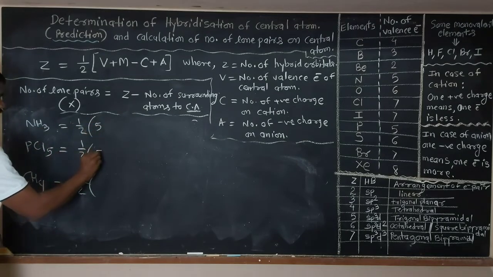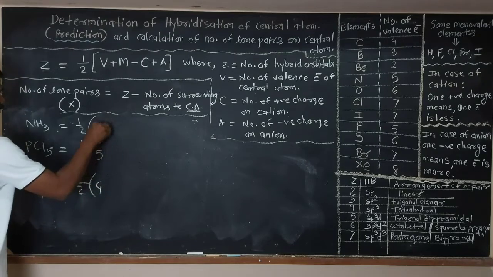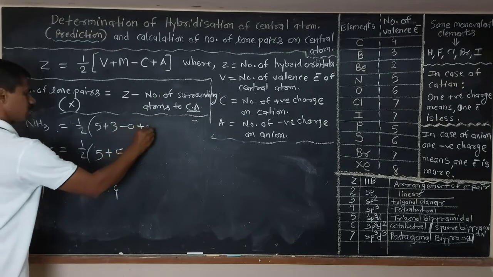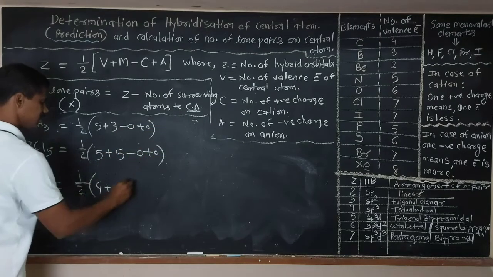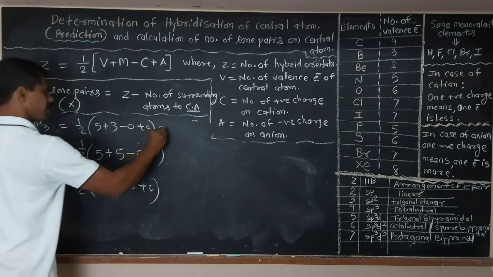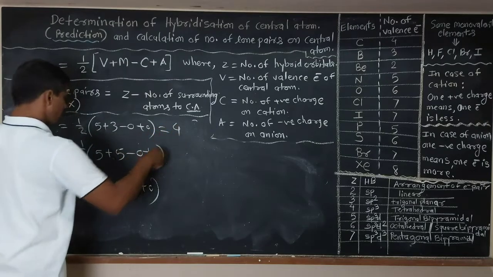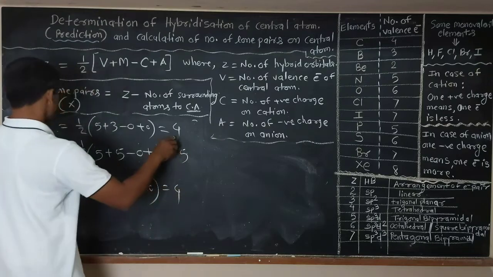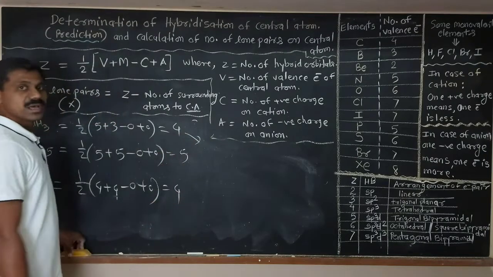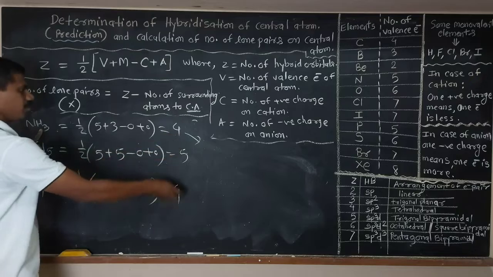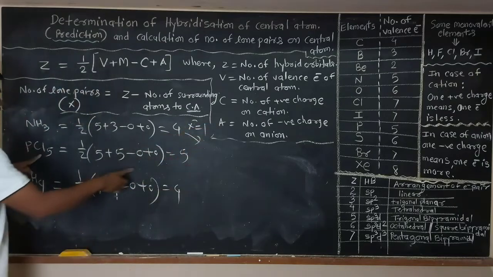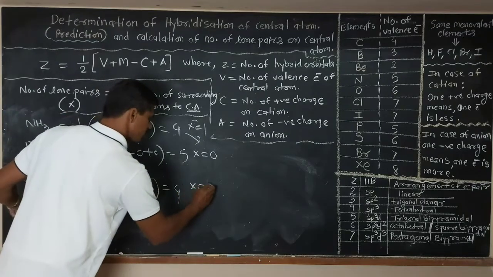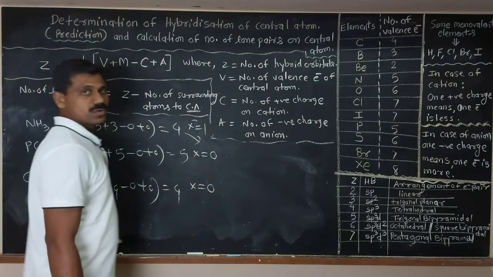Nitrogen 5, phosphorus 5, carbon 4, plus 3 plus 5 plus 4, minus 0 plus 0 minus 0 plus 0, is equal to 8 into half 4, 10 into half 5, and 8 into half is equal to 4. Nitrogen is sp3, lone pair X is 4 minus 3, lone pair 1. Here 5 minus 5, lone pair is equal to 0. Here 4 minus 4, lone pair X is equal to 0.